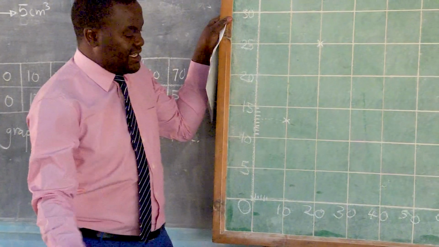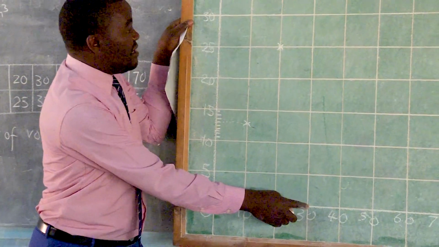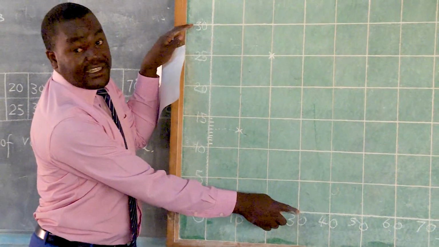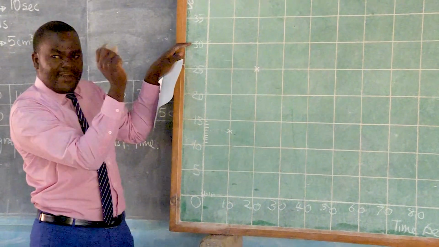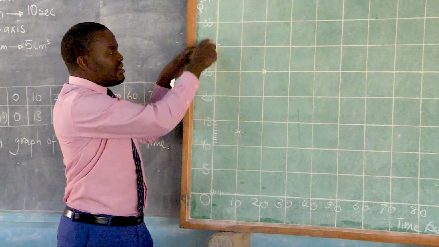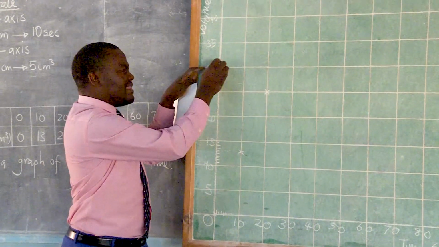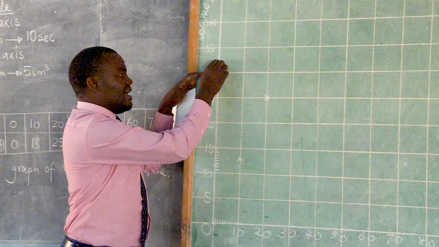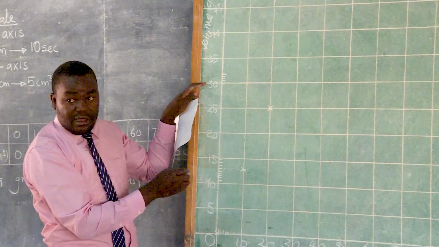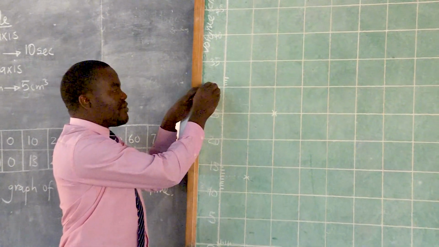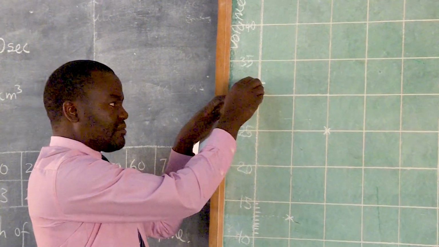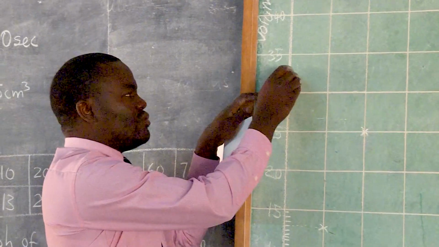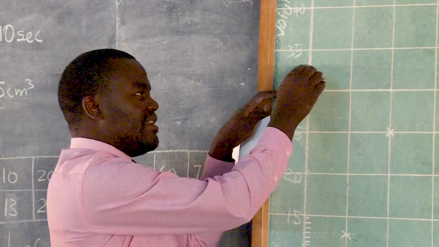Our next coordinate is when time is 30, the volume produced is what? 33. But we know that the value of a smaller box inside there represents 0.5. So when we count from 30, this is 30.5, 31, 31.5, 32, 32.5, 33.